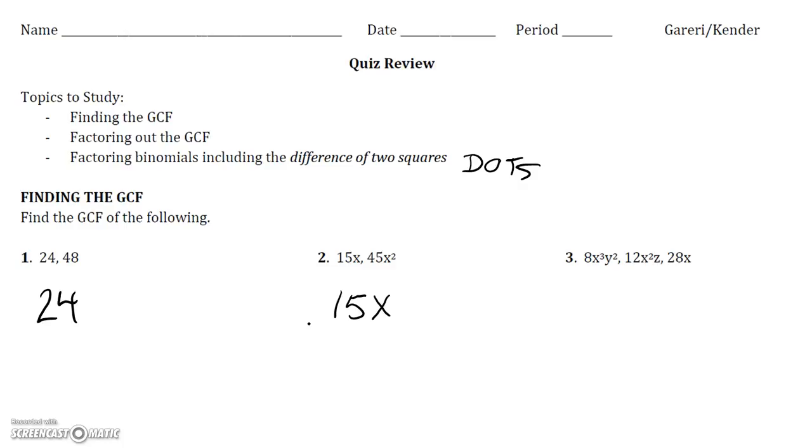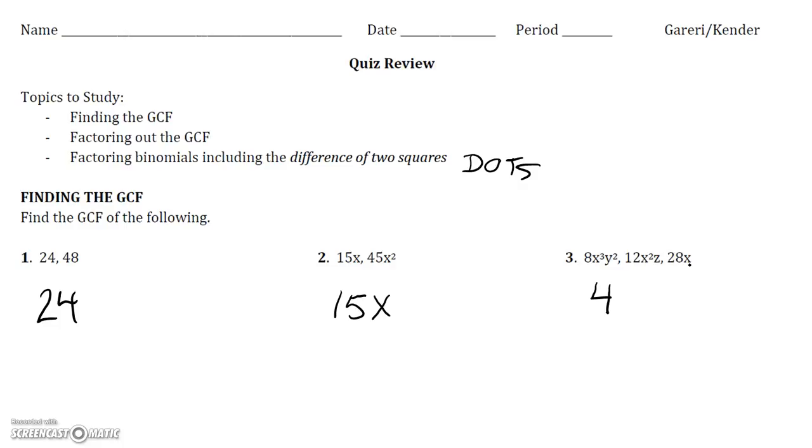Moving on to number 3, we've got a few more variables. Looking at each thing separately, looking at the number and each variable, we're going to see what they have in common. So we have 8, 12, and 28. The biggest number that goes into all three of those is 4. Now we look at the variables. This one has x cubed, x squared, and x.